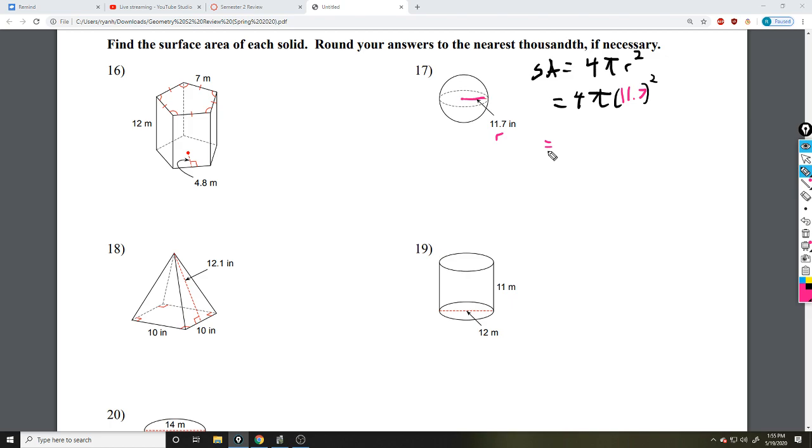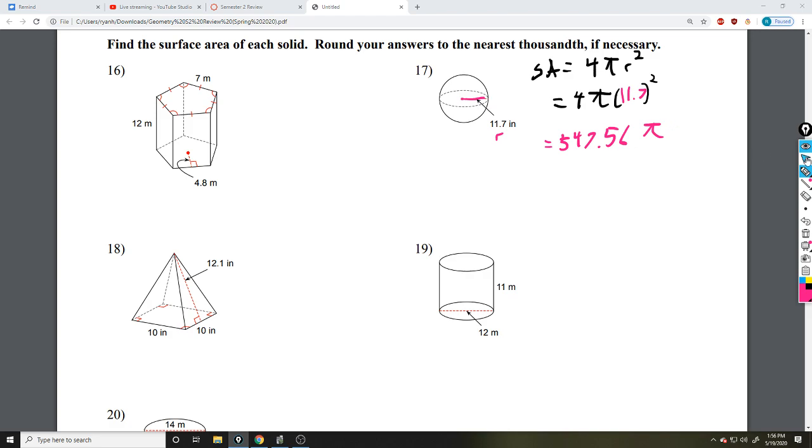And so our exact answer, 4 times 11.7 squared, would be 547.56 pi. If we ask for an exact answer in terms of pi, there's our answer.